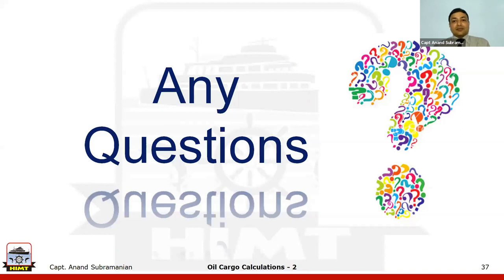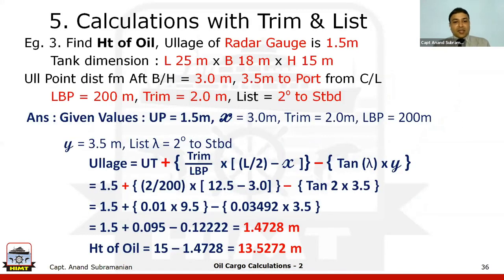Sir, about the UT, where did the plus come from? The plus is because, if you remember the sign notation, the ullage point is towards the trimmed end. How do I know? What is the length of the tank? The length of the tank is 25 meters. What is the half length? 12.5. So it is only 3 meters from the aft bulkhead, so it is still towards the trimmed end.